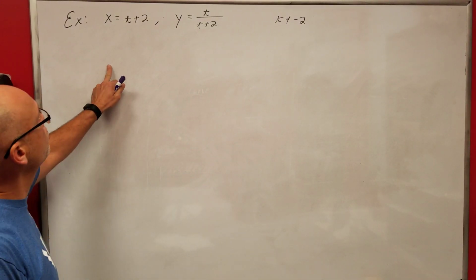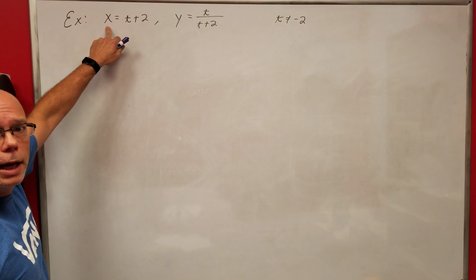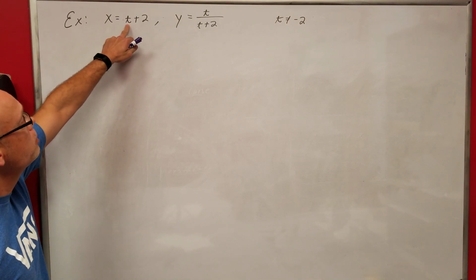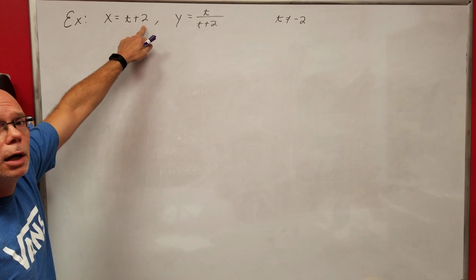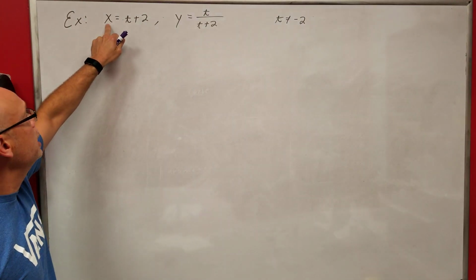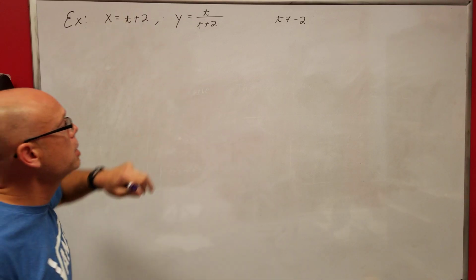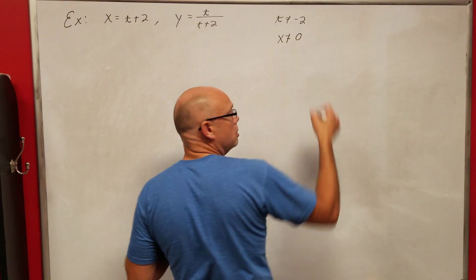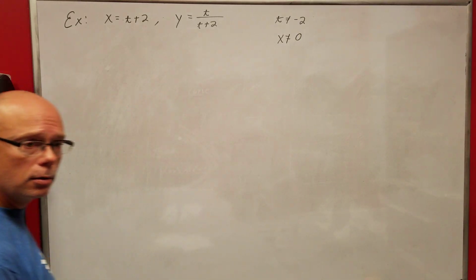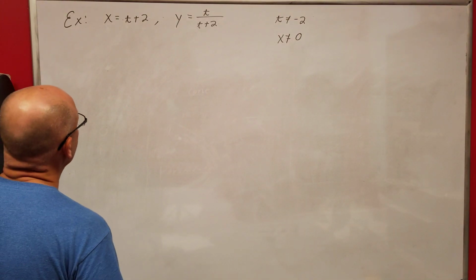Now, what does that mean that x cannot be? If t can't be -2, -2 plus 2 is what? 0. And x is 0 when t is -2. So this means that x cannot be equal to 0. So we got to look out for those, okay? We got to keep that in the back of our head.